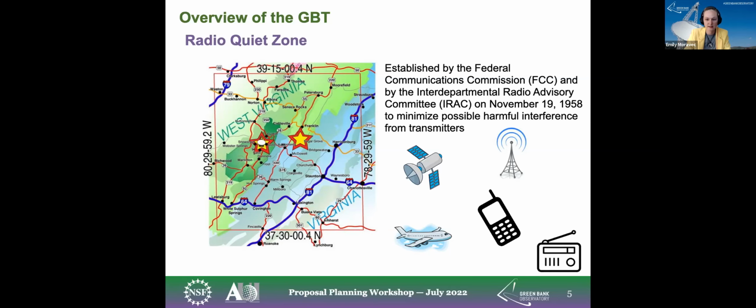So there is this 1,300 square mile protected area around GBO and also Sugar Grove to protect our receivers from a lot of radio frequency interference. That's what we call RFI, that interferes with scientific observations. So we really try to mitigate the RFI that is in the GBT data.